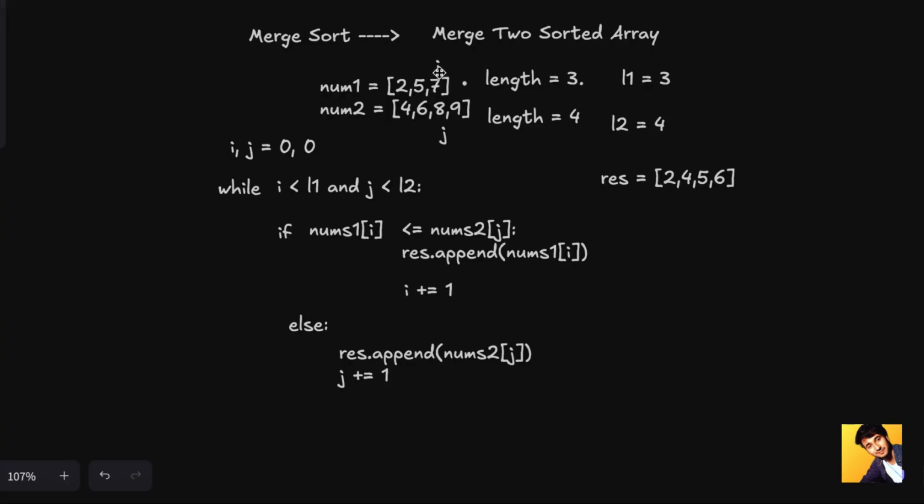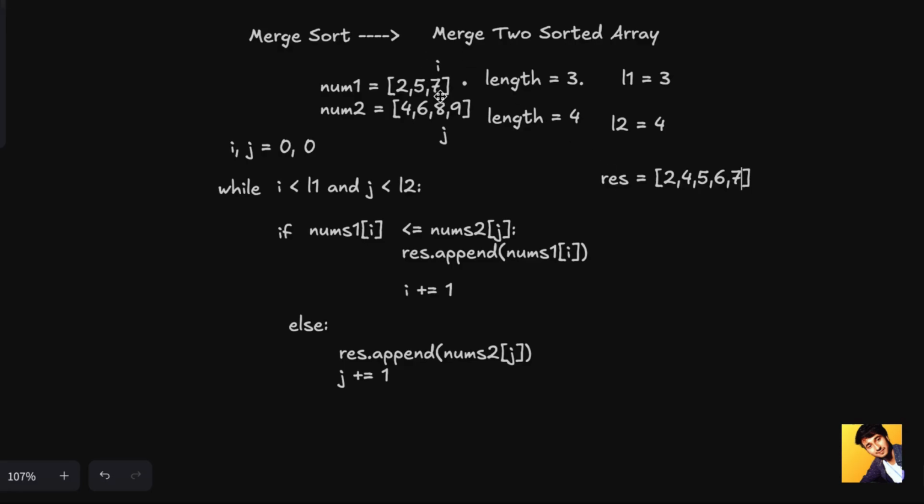Now again we will see I is 7, j is 8, nums2 of j is 8. So which one will include here? Will include 7, right? Now after that, 7, it is 7.